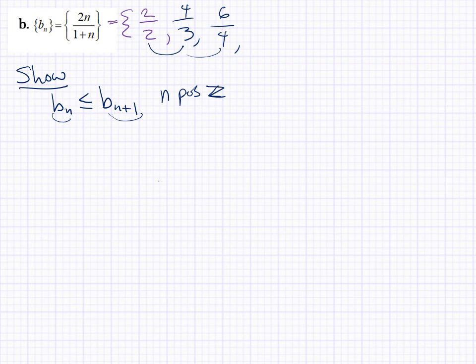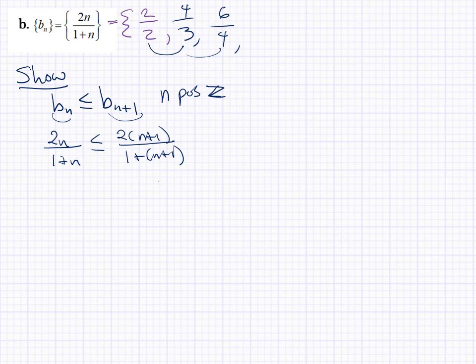Well, what's b sub n? b sub n would be 2n over 1 plus n. What would b sub n plus 1 be? Well, it would be n plus 1 plugged in for n, so 2 times n plus 1 over 1 plus n plus 1. So I have to show that this inequality holds. How could I do that?